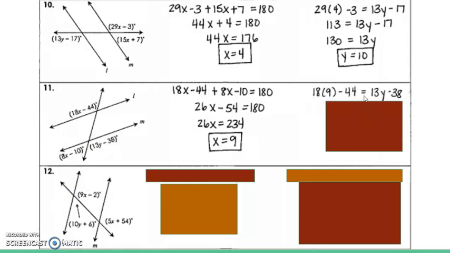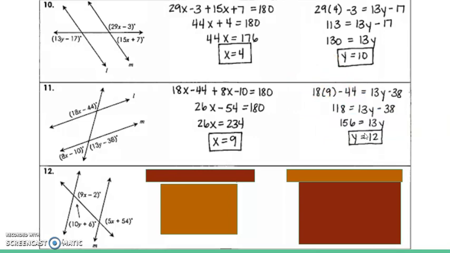So for this one, I'm going to use the alternate exterior angles because they are congruent. So I'm just going to set those things equal to each other. Notice that we replace the x with 9, and then that we solve for our y to get y equals 12. For number 12, I have corresponding angles for my x terms.